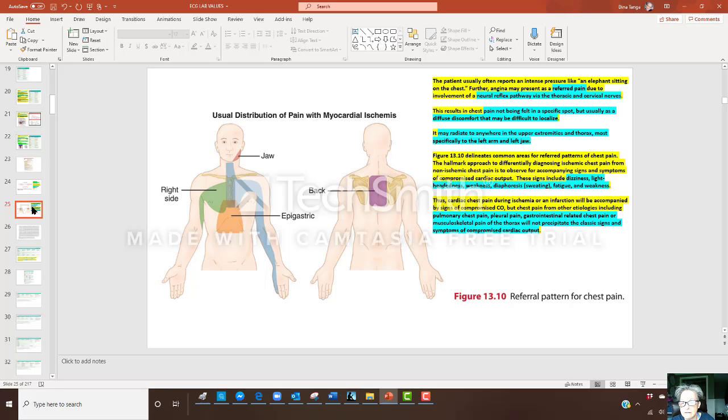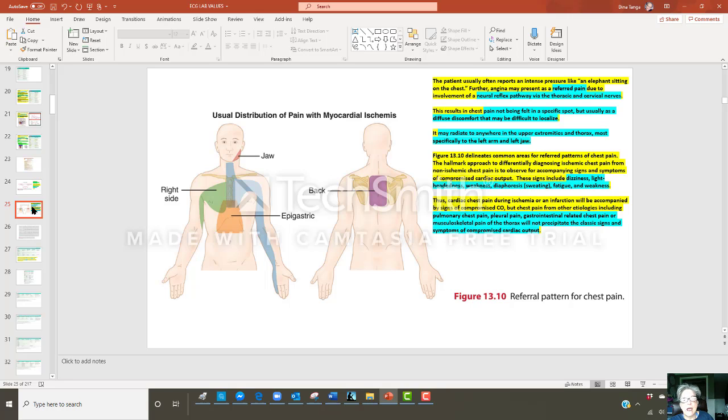Thus, cardiac chest pain during ischemia or an infarction will be accompanied by signs of compromised cardiac output. But chest pain from other etiologies, including pulmonary chest pain, pleural pain, gastrointestinal-related chest pain, or musculoskeletal pain in the thorax, will not precipitate the classic signs and symptoms of compromised cardiac output.